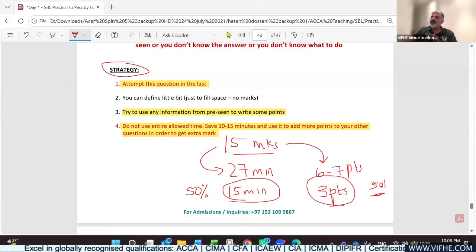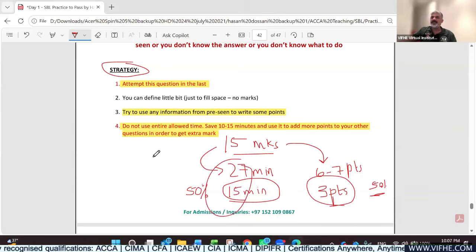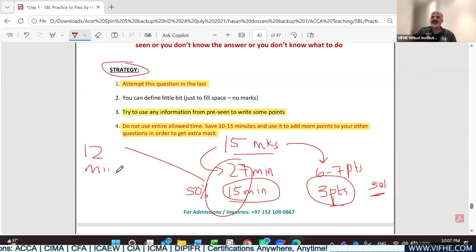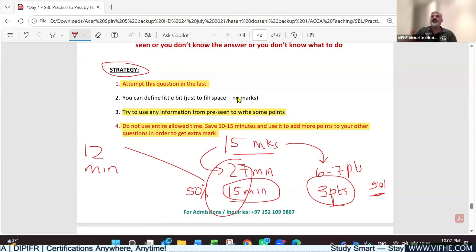So now what do I do with the remaining time? I have saved 12 minutes. How can I utilize this time? Yes, I can go back and add more points in easier questions.